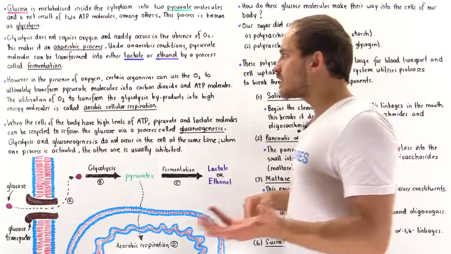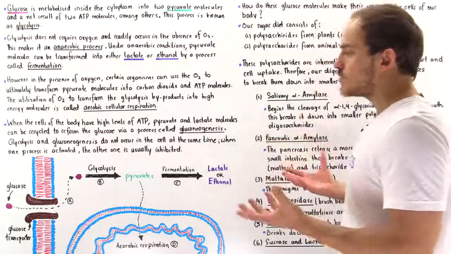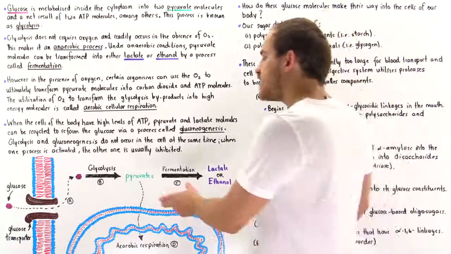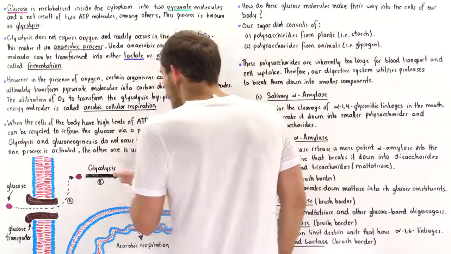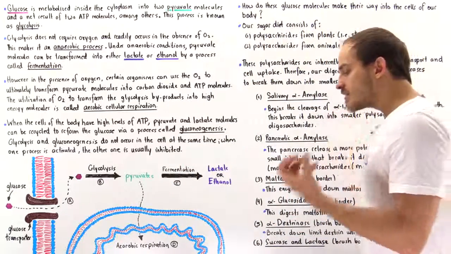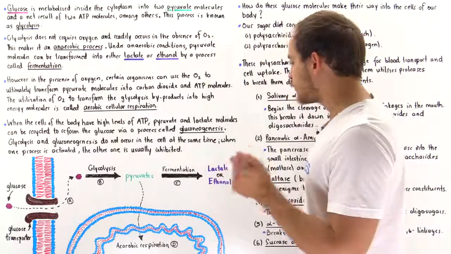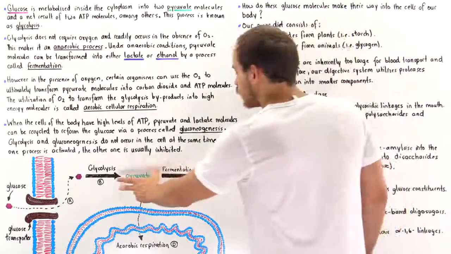Now, in the absence of oxygen, under anaerobic conditions, when we don't have plenty of oxygen present inside the cell, these pyruvate molecules will undergo a process known as fermentation. Now, some cells in nature undergo alcohol fermentation, and that produces ethanol from the pyruvate.